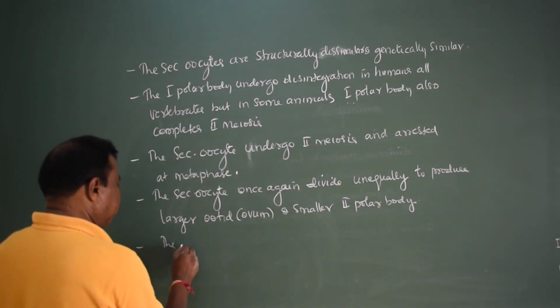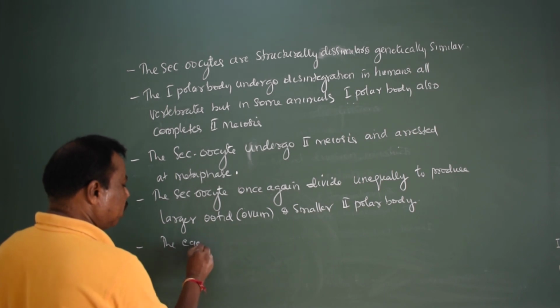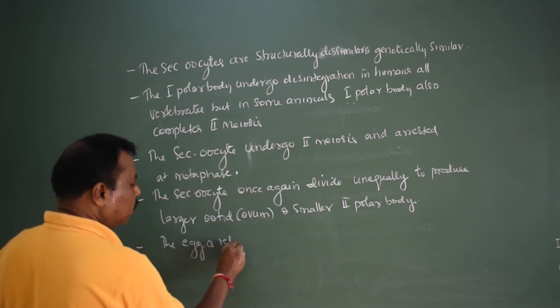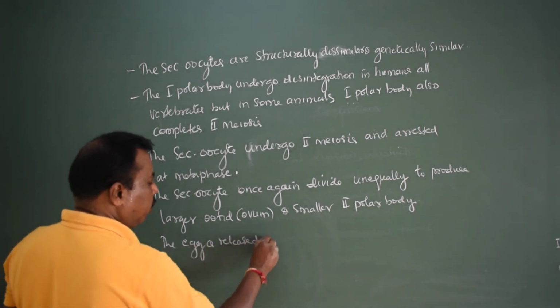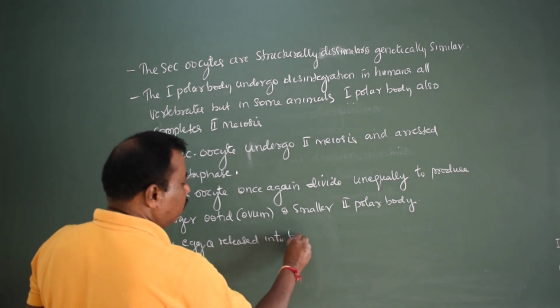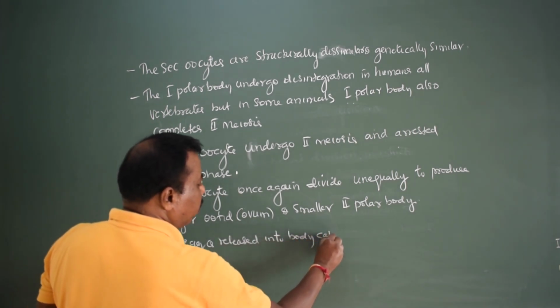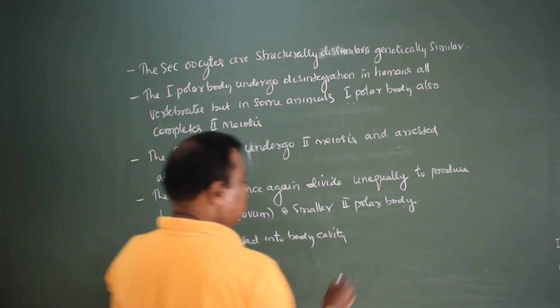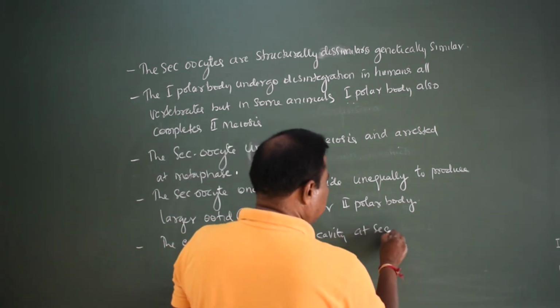The secondary oocyte, the egg, is released into the body cavity at the secondary oocyte stage.